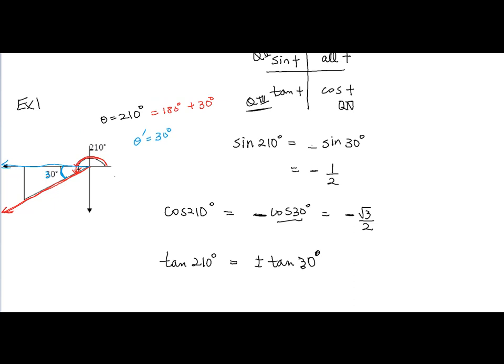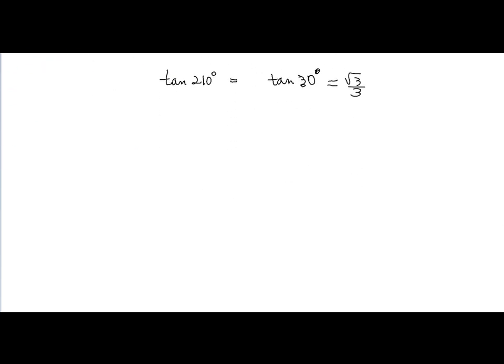So in this case, I will drop the negative sign and keep the plus sign. Tangent 30 degrees is square root of 3 over 3. And this is how I use the reference angle to find the trig functions of non-acute angles.